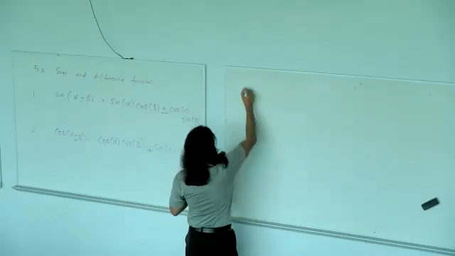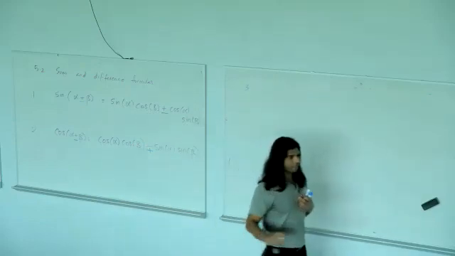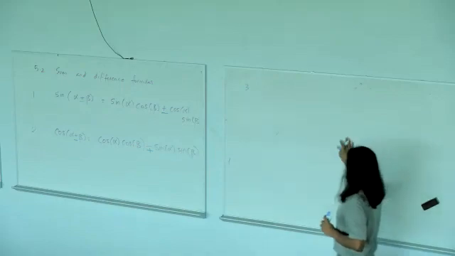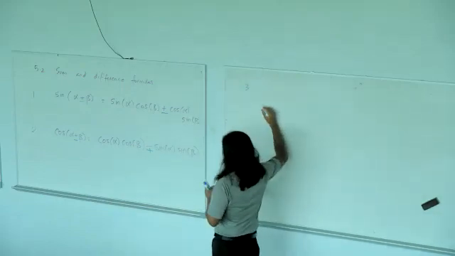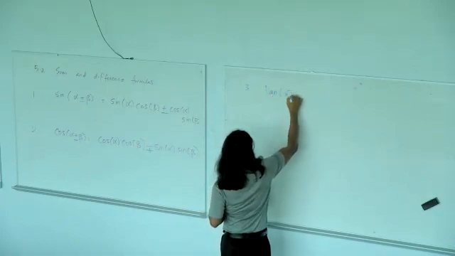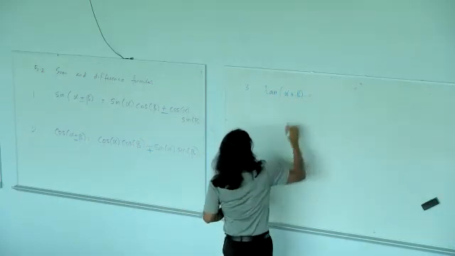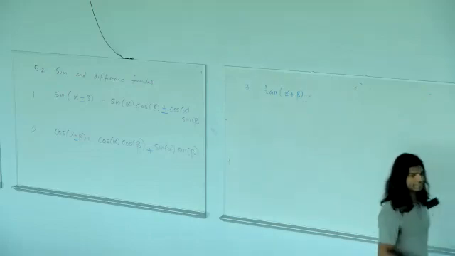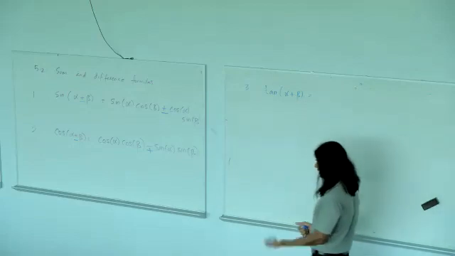Naturally, if you did it for sine and cosine, the next one is tangent. So you would have tangent of alpha plus beta. Where should you start? Should you memorize this formula in the textbook?